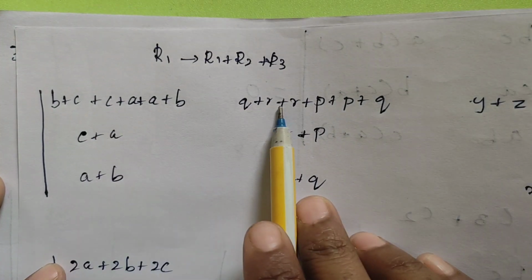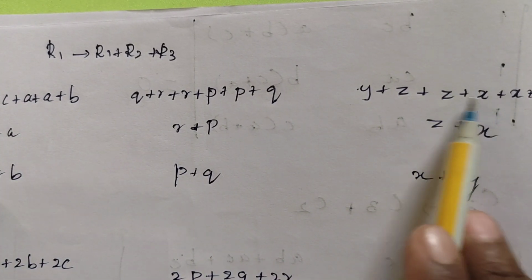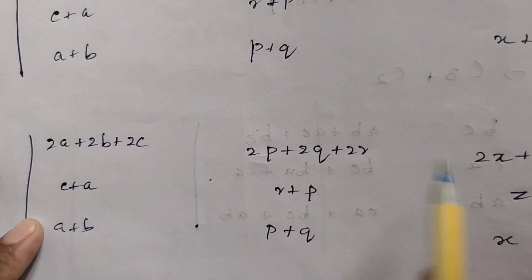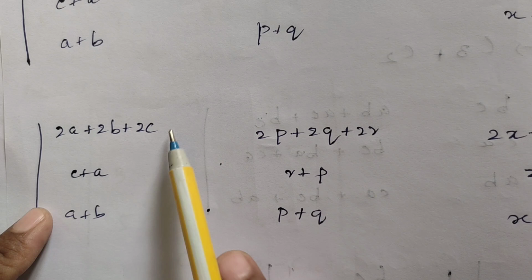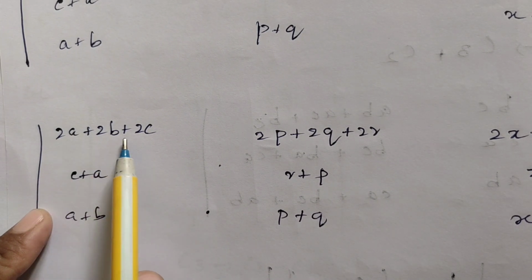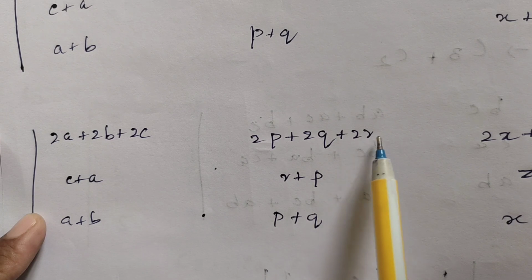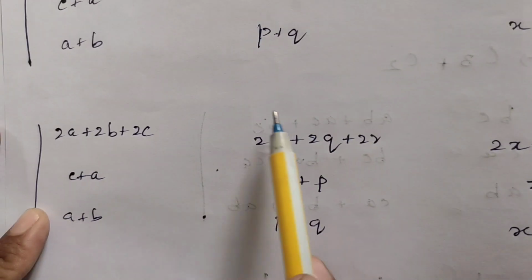Similarly 2p plus 2q plus 2r. Here again 2x plus 2y plus 2z. So 2 into a plus b plus c, 2 into p plus q plus r, 2 into x plus y plus z. So that I can take 2 out.